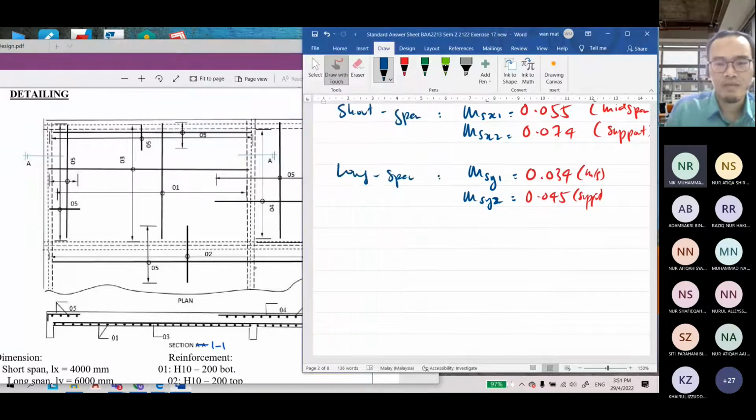Moment at midspan, let's say short span.